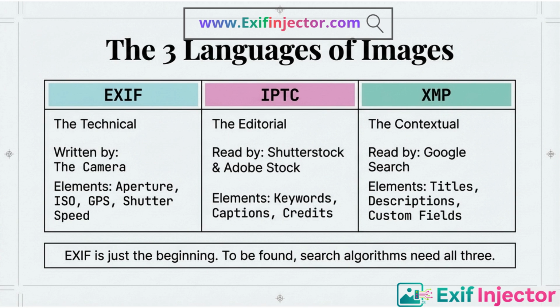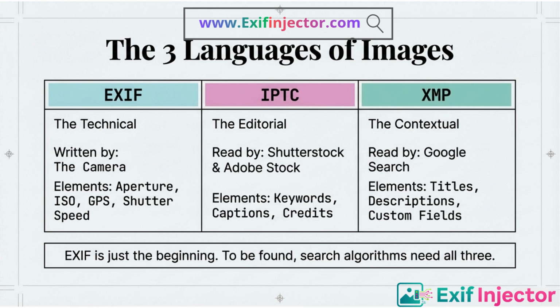The three languages of images. But EXIF is just the beginning. There are actually three metadata languages that can live inside a single image file. EXIF is the technical layer, written by the camera. Aperture, ISO, GPS, shutter speed. IPTC is the editorial layer, read by stock platforms like Shutterstock and Adobe Stock.